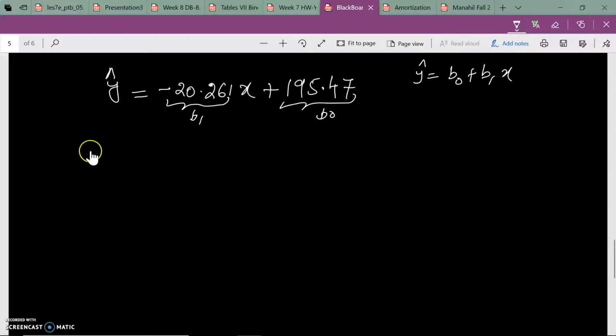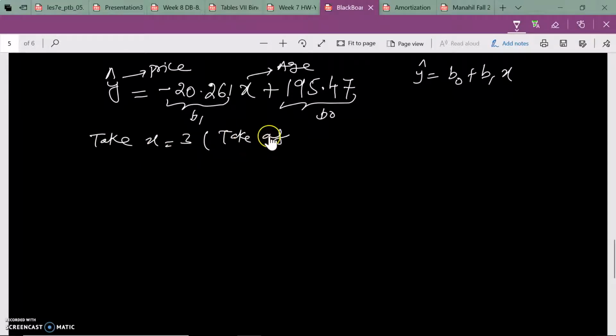So now I'm going to predict the value of this price. This is the predicted price of the car, and this is the age of the car. I told you that in the previous table, there was no price for a car whose age was 3 years old. So I'm going to take x equal to 3, or age of the car equal to 3, and we see what price comes out.